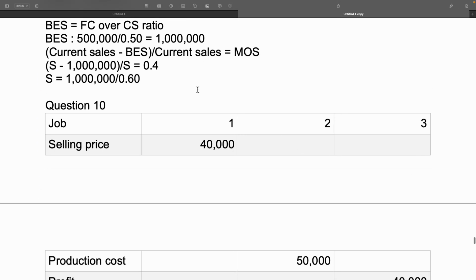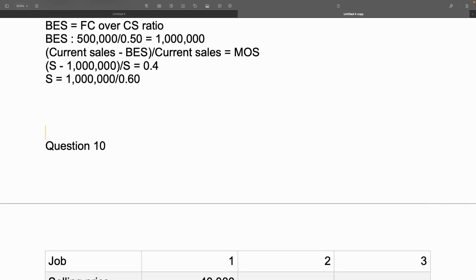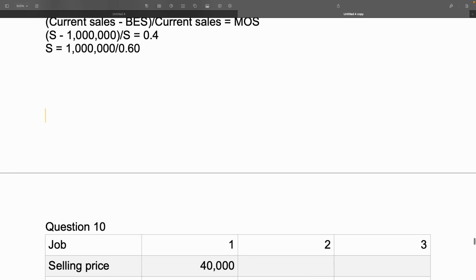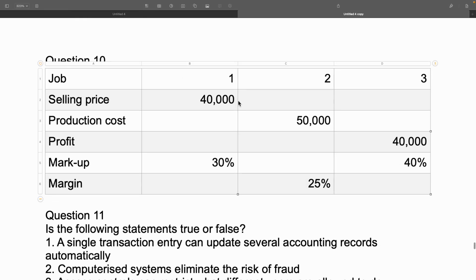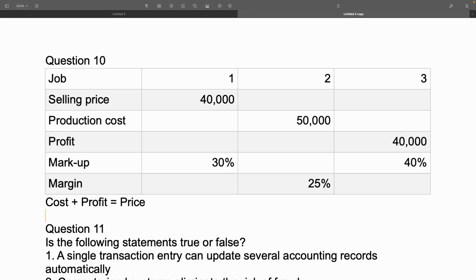Okay, let's move on to question number 10. Question number 10 asks you about selling price, production cost, profit, markup, margin. So you know markup means it's based on costs. You should remember the formula: cost plus profit equals price.